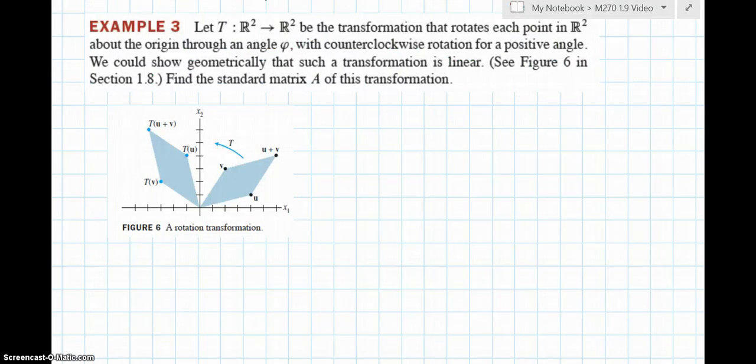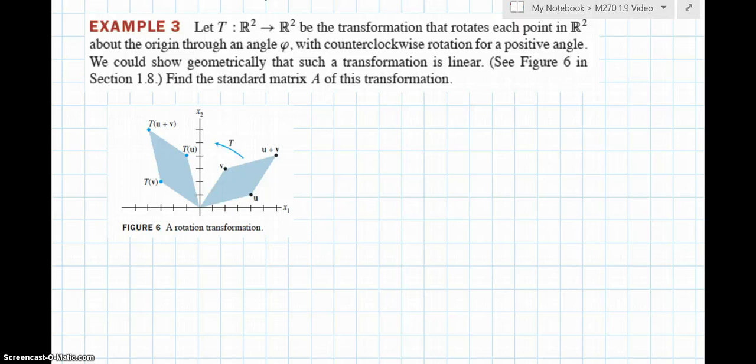Let's do that in general. Let's rotate something through a general angle phi by looking at example 3. Example 3 says, let T from R2 to R2 be the transformation that rotates each point in R2 about the origin through an angle phi, with a counterclockwise rotation for a positive angle. We could show geometrically that such a transformation is linear from the last section.